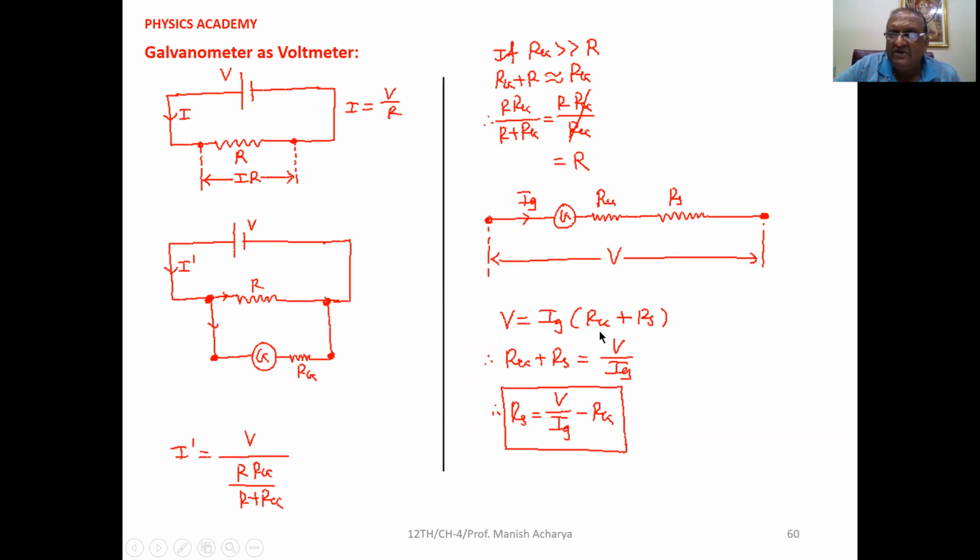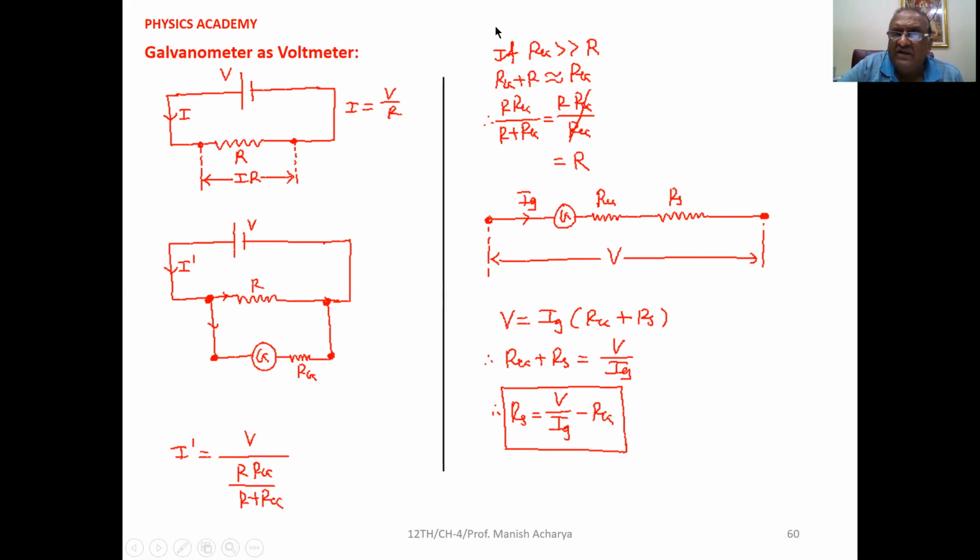So Ig into total resistance, that is Rg plus Rs. Therefore, Rg plus Rs equal to V by Ig. Therefore, Rs equal to V upon Ig minus Rg. So this much series resistance you have to connect with the galvanometer to convert it into a voltmeter.